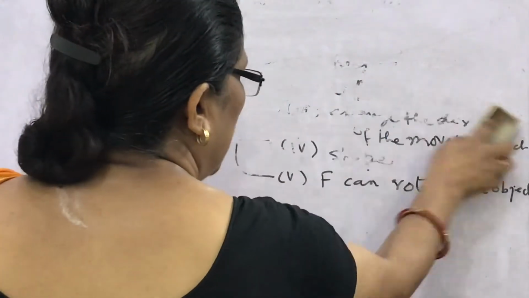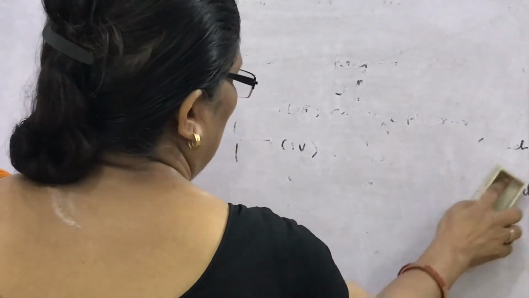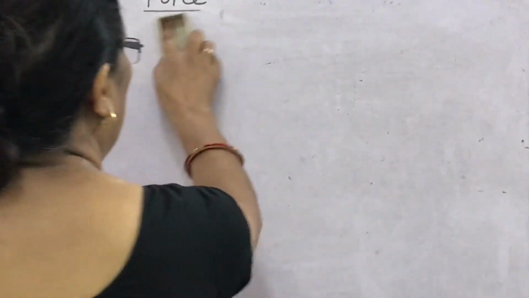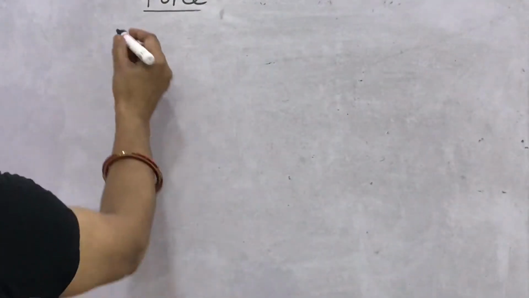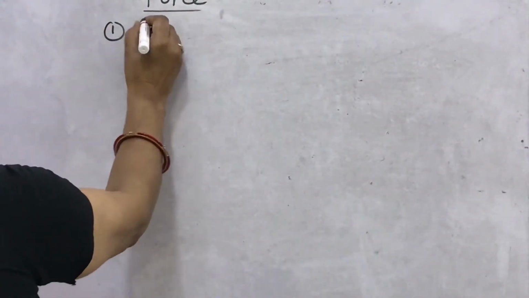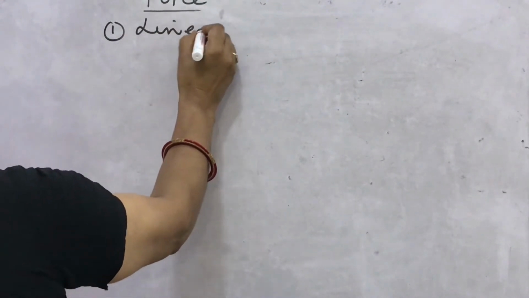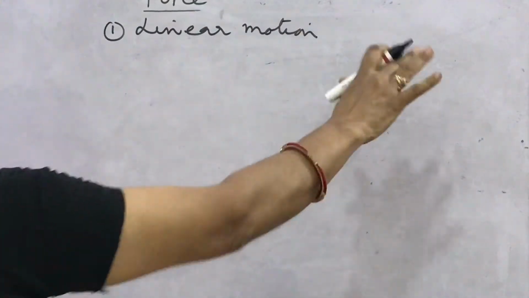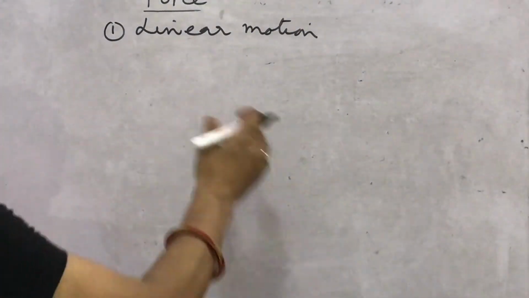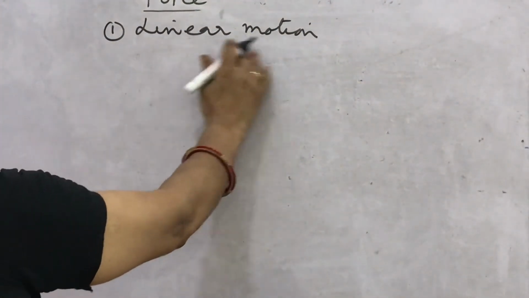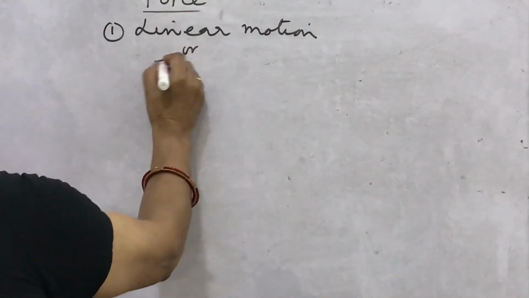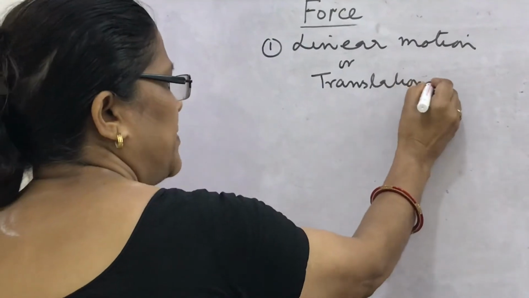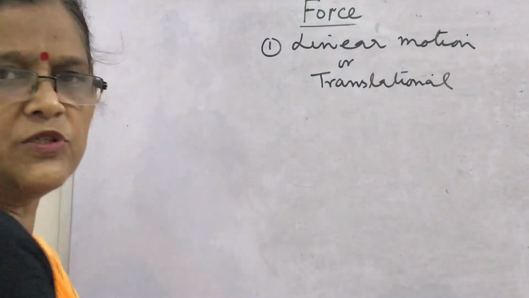Look, at the first level, if the force is applied on an object, then it produces linear motion. When the force is applied and the object moves in the direction of force, it is said that the object has linear or translational motion. What do you mean by translational? It means transfer of place. So, translational motion.